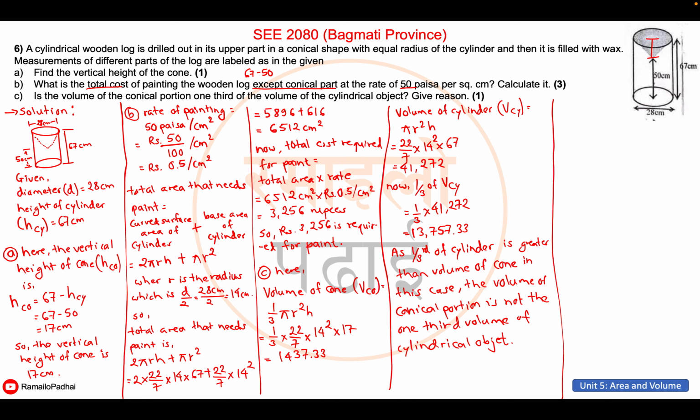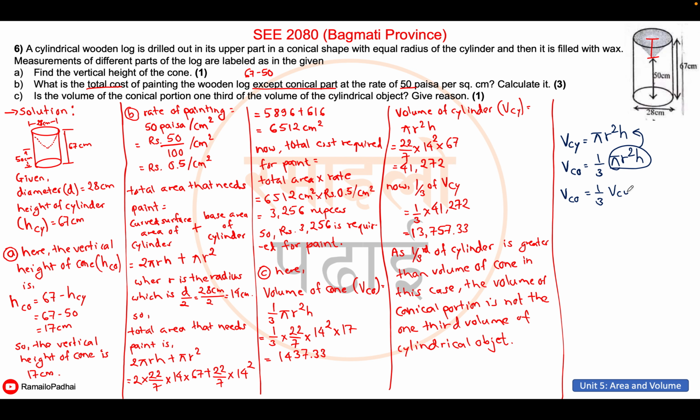And let me explain what the question is basically asking us. Here we have the formula to find the volume of cylinder is equals to pi r square h, and the volume of cone is 1/3 pi r square h. Basically comparing this, volume of cone is equals to 1/3 of pi r square h, which is the volume of cylinder.